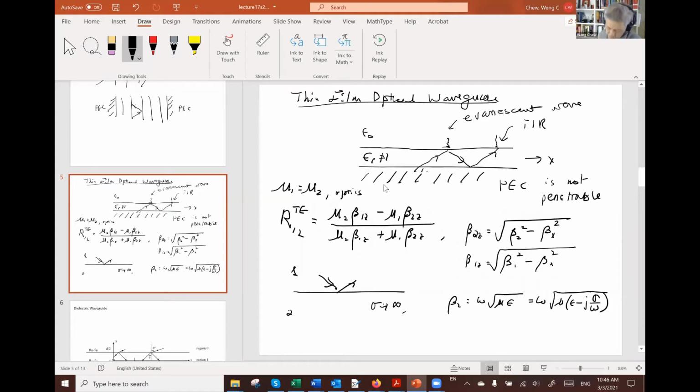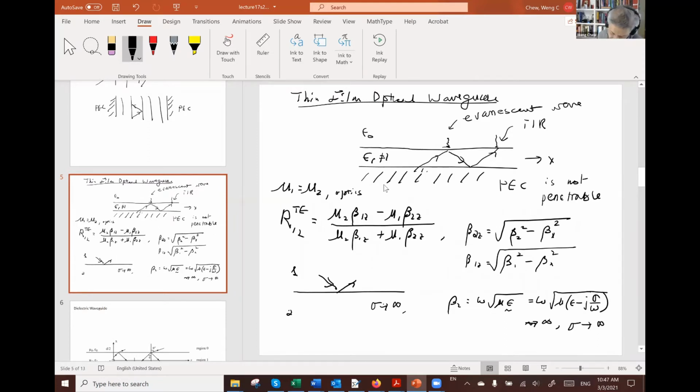You remember that the complex permittivity for a conductive medium is given to be this. So when sigma goes to infinity, it means that beta 2 would also go to infinity.